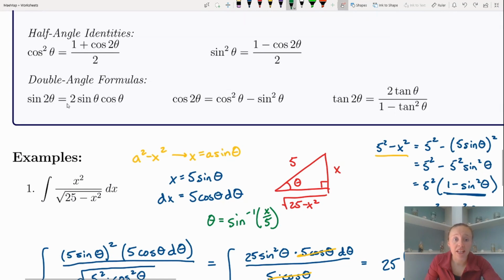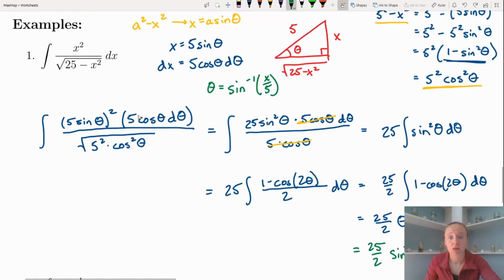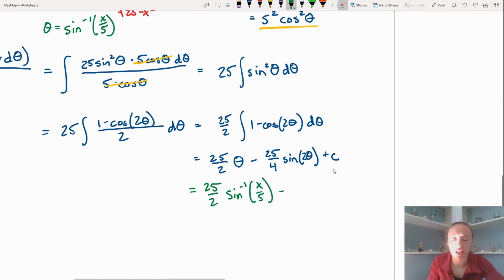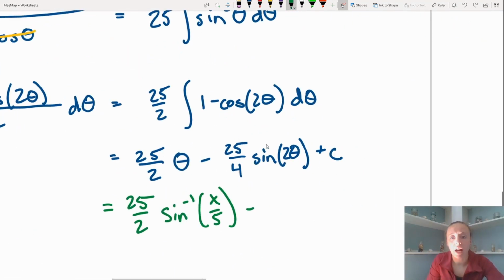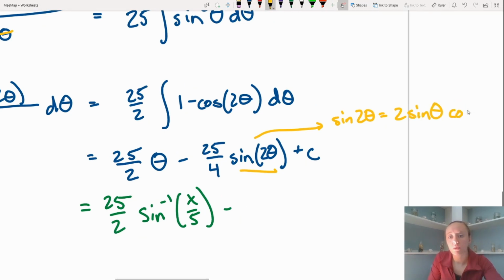Sine of 2 theta equals 2 times sine of theta cosine theta. So what I'll have here, zooming back in, I'm going to make a note, and I'll go ahead and do this in yellow, using that double angle identity, sine of 2 theta equals 2 sine of theta cosine of theta.